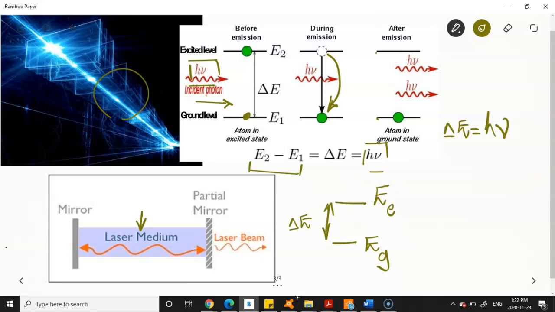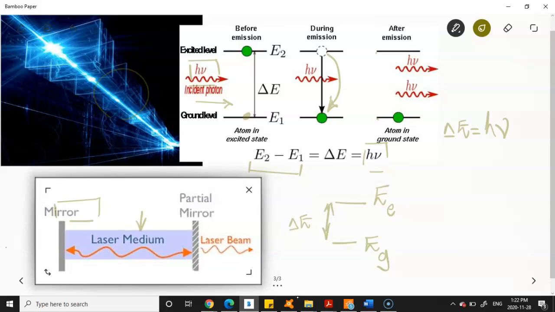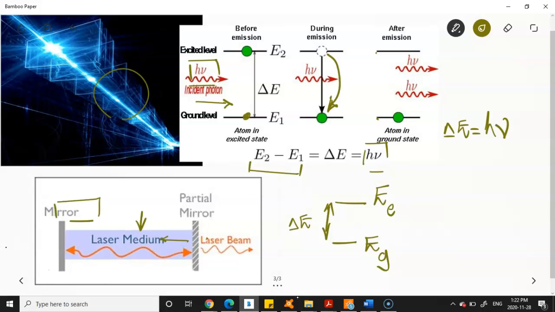And now imagine that you started with one photon and at the end you got two photons. Because of the mirrors that you have here, when you have one photon here, it gets reflected back from the other mirror and goes back again to the medium. It excites more atoms, and the same cycle happens. Again, you have two photons before, and now at the second stage, you get three photons coming out.